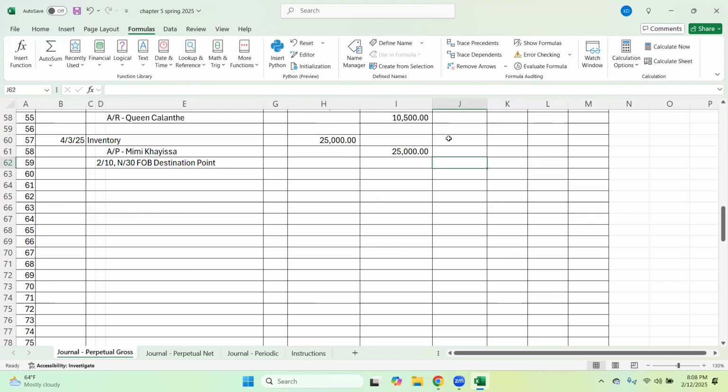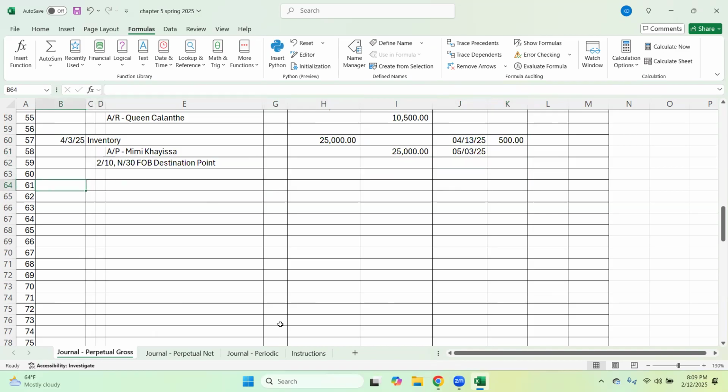So we don't care. But what we do care about is 4-3 plus 10 or 4-3 plus 30. So those are our due dates. If I pay it on the 13th, I get to take off 2%. There we go, $500. Okay.